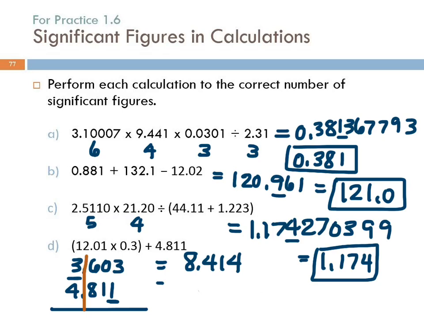So this does get rounded to 8. But not because there's 1 sig fig necessarily. So be careful with your mixed calculations. Any questions?